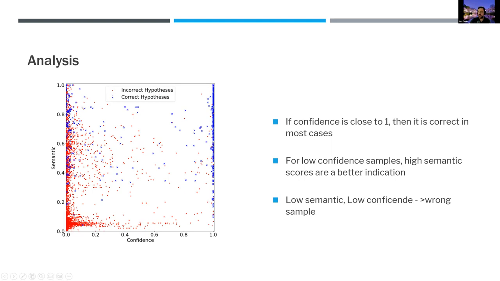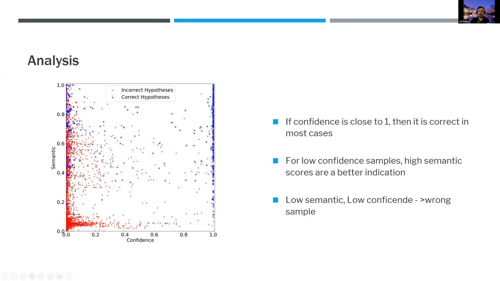But you see, there are many cases where the confidence is very low. However, the semantic similarity score is quite high. So that means in those cases where we have low confidence, we can take the semantic similarity score into account. And one good thing is that if both scores are low, then the hypotheses are incorrect. So at least we don't get too many errors from that.